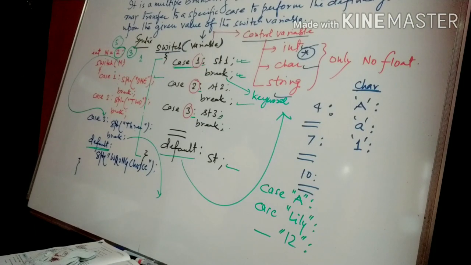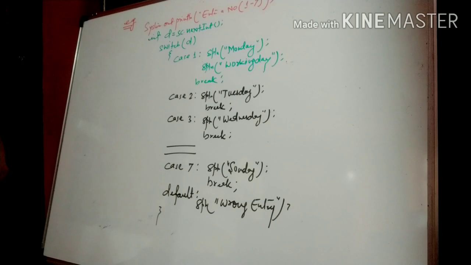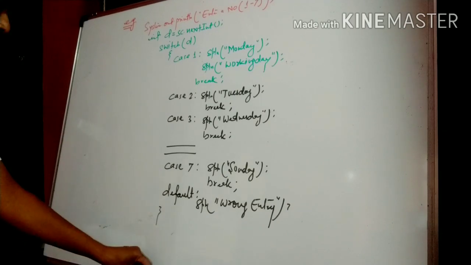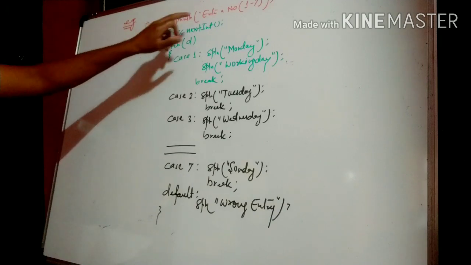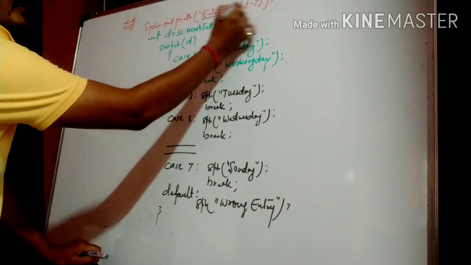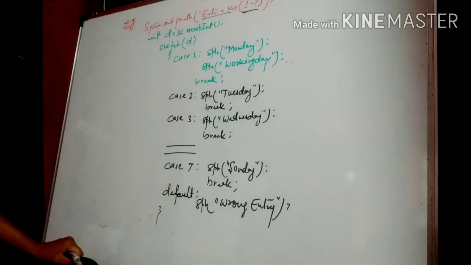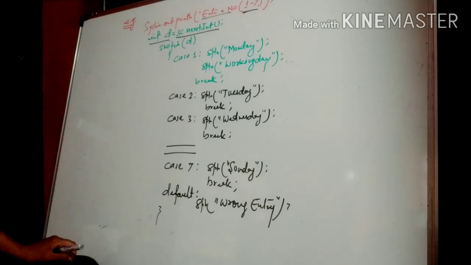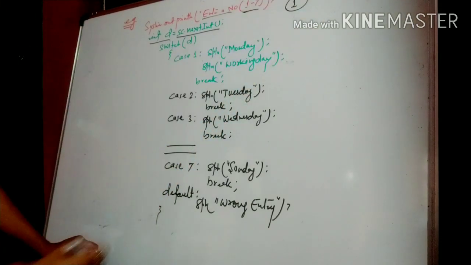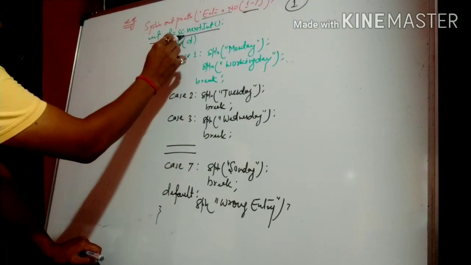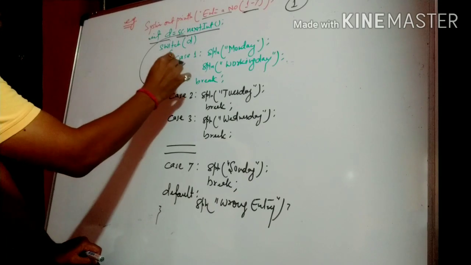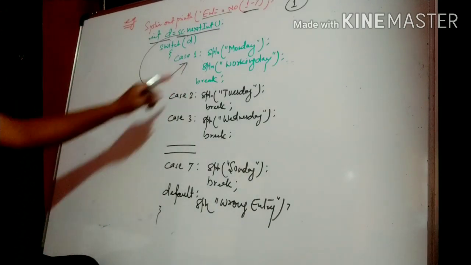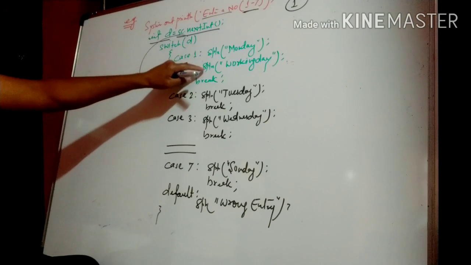One more example I will give you just now, children. This is another example of switch case. Here we have to input a number from 1 to 7. So int d equal to sc.nextInt, any number you can input. Suppose we input here 1, then this control will go to case 1, and in case 1 I have written 2 statements.